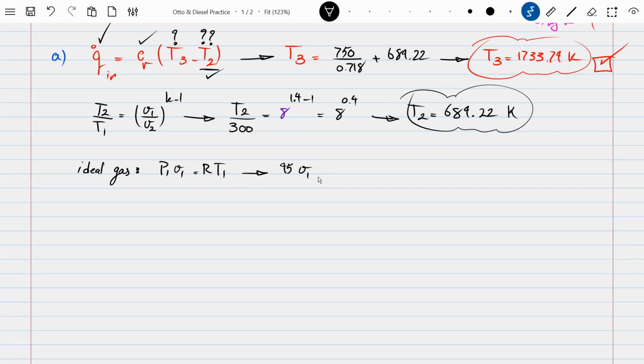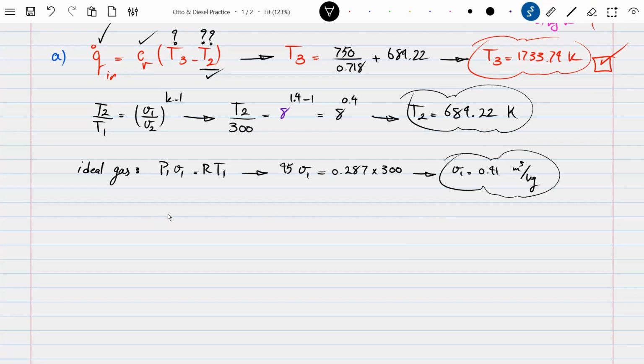I do not know specific volume 1. I know that R, the gas constant, is 0.287, and I know that T1 is 300. From this, you get that the specific volume 1 is 0.91 meters cubed per kilogram. So the maximum specific volume of our cycle is 0.91.